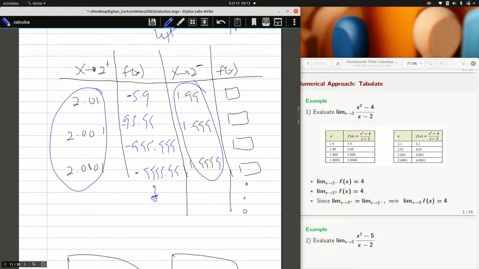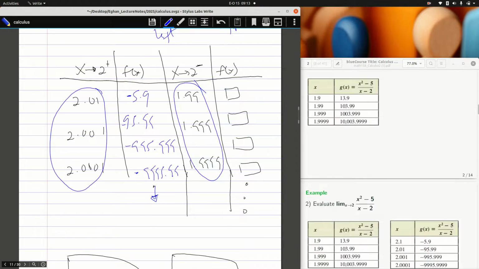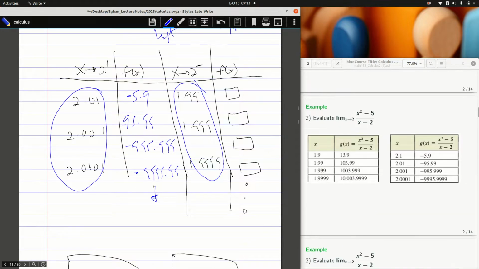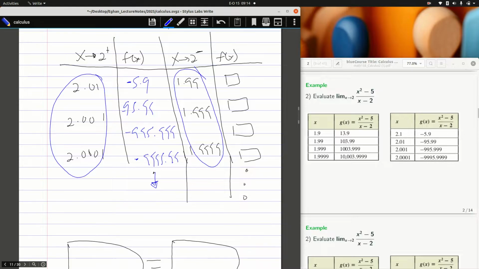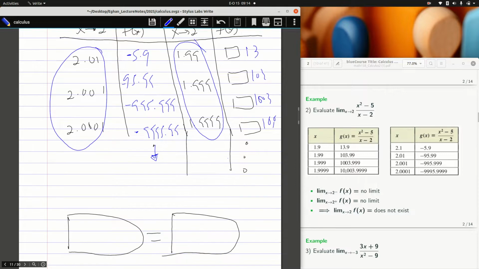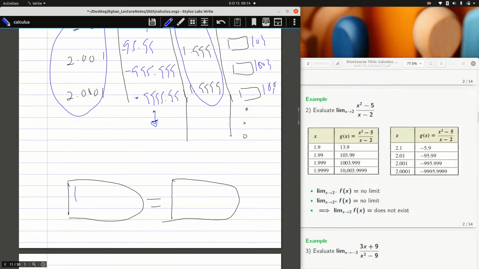From the positive side, it is divergent. From the negative side, or the left side of it, it is also divergent. From 13, we move to 103, we move to 1,003, we move to 10,003. It is also divergent. So realize that even from the positive side, the limit as x approaches 2 does not exist.